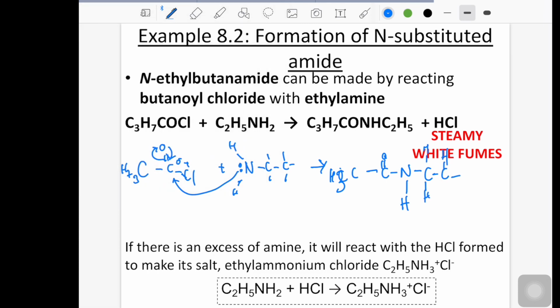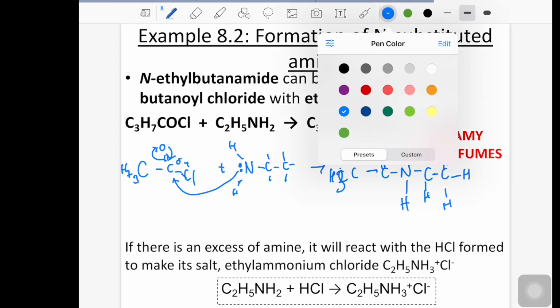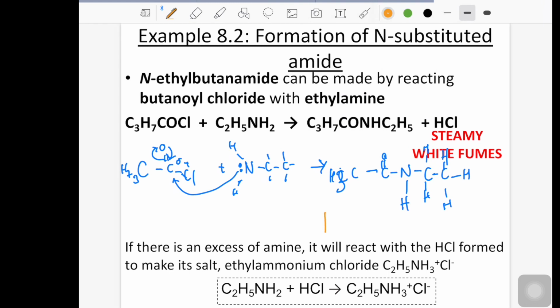The general name for this reaction is the formation of an N-substituted amide. The way to name this molecule, first we start by writing down N dash. We want to look at what substituent is sitting on the nitrogen. There's hydrogen, we ignore that, and there's an ethyl group.